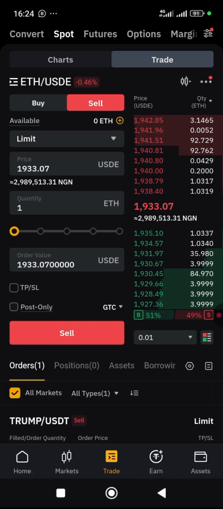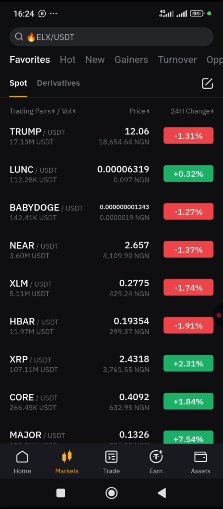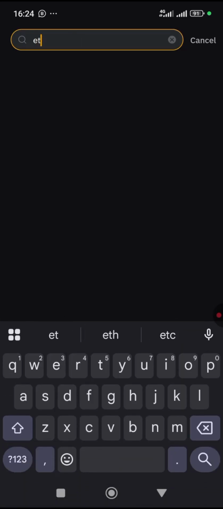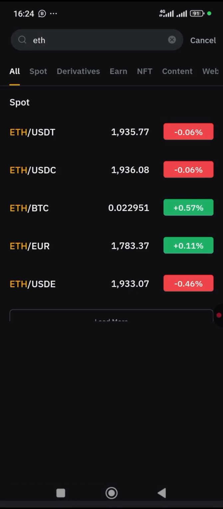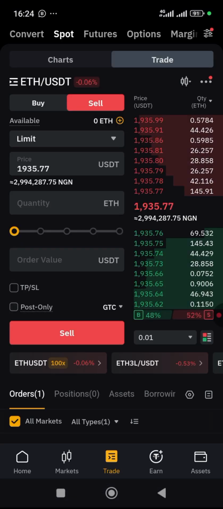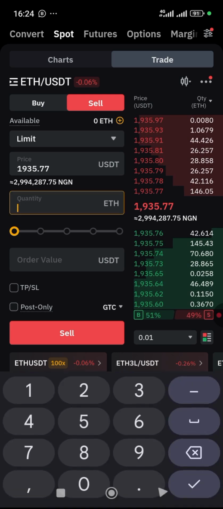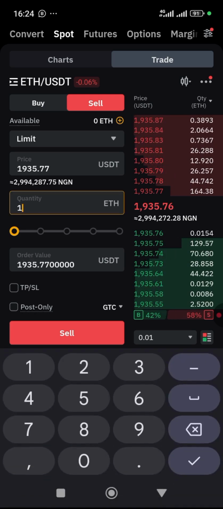Then you go to this other trade, at this other Ethereum, USDT pair, you come down to this section, tap on your one Ethereum and sell. That means you will be buying your Ethereum at 1,933 and selling at 1,936, making 3 US dollars.